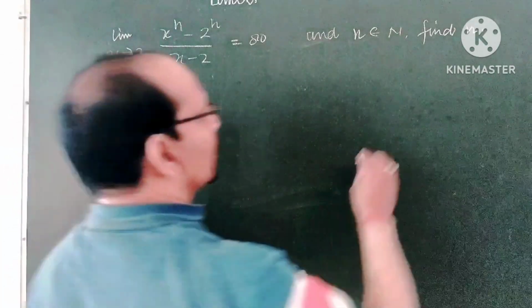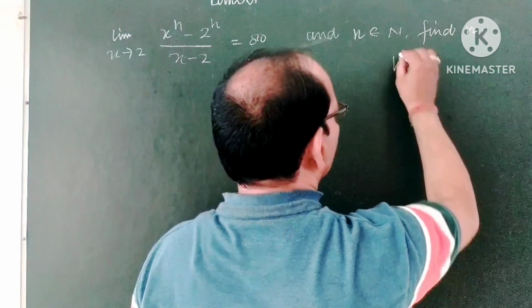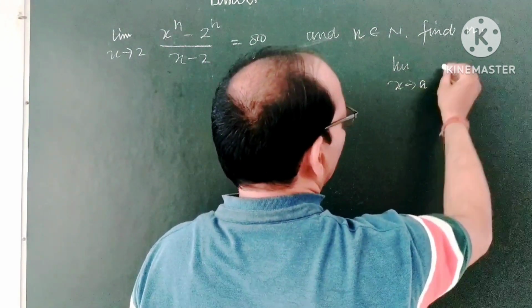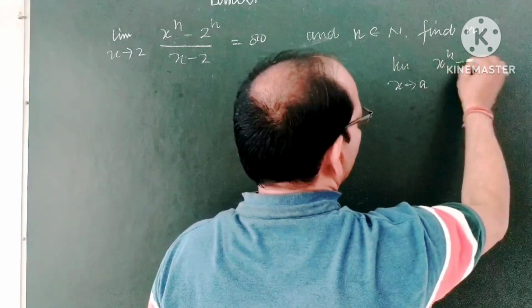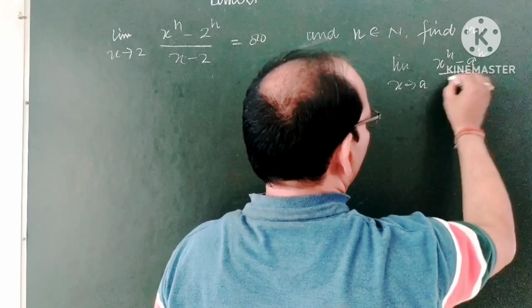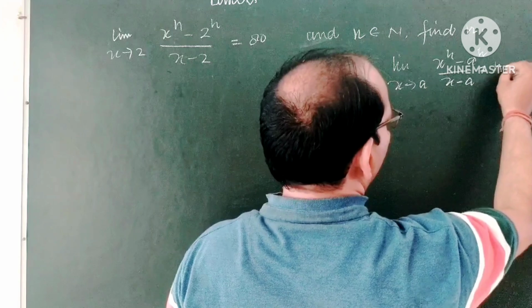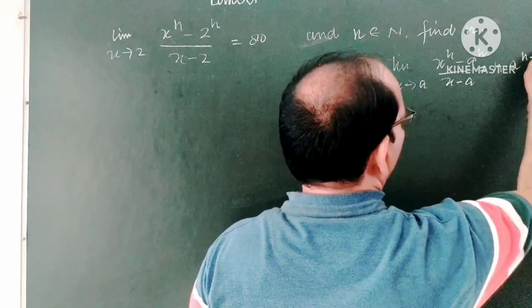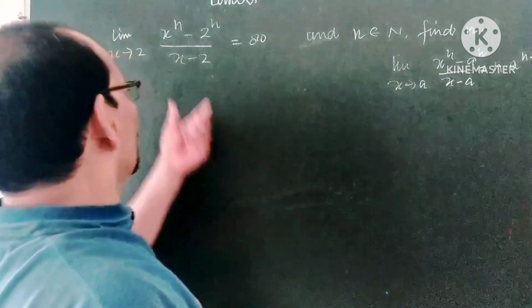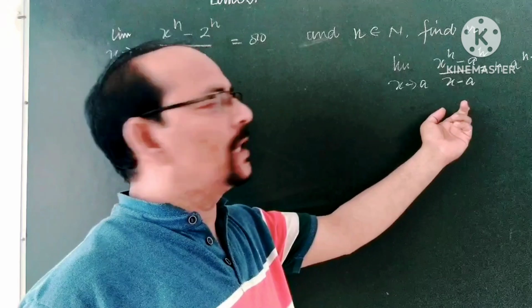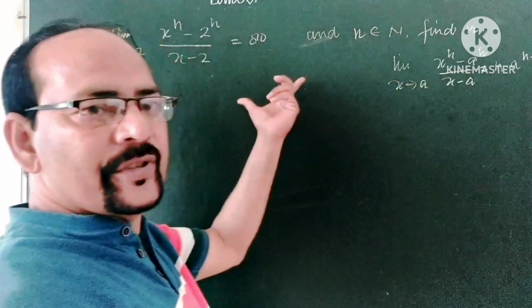The function is given in this form: limit x tends to a of (x raised to n minus a raised to n) upon (x minus a) will be n into a raised to n minus 1. Comparing this question with this, we find both are the same.